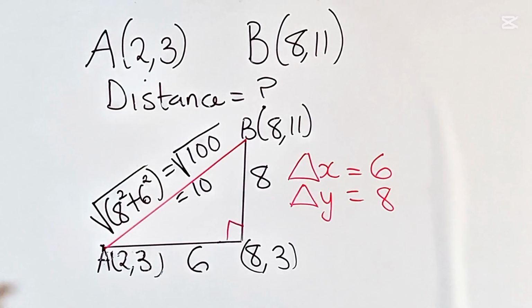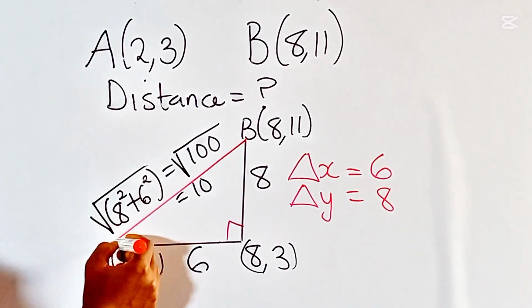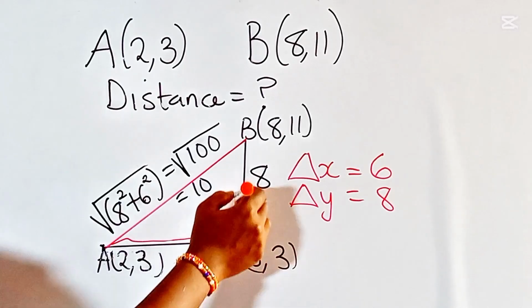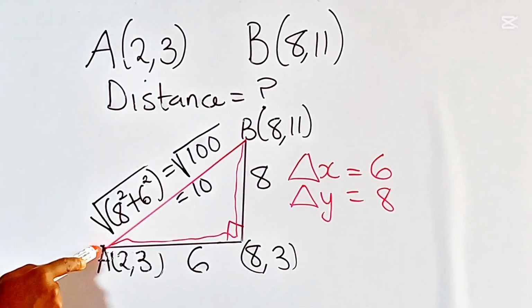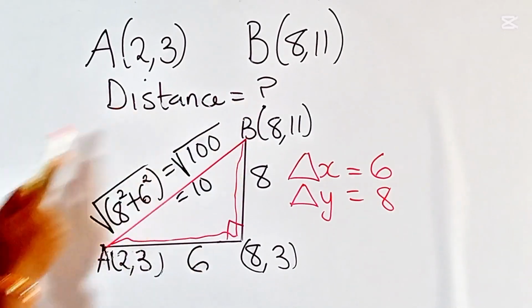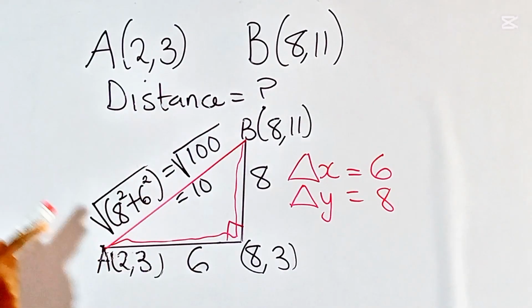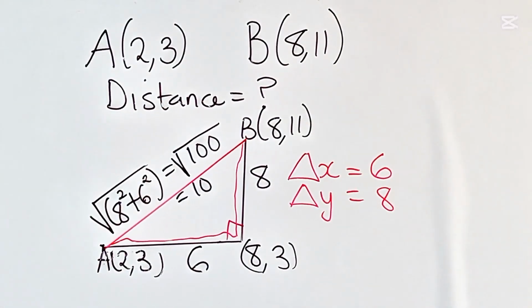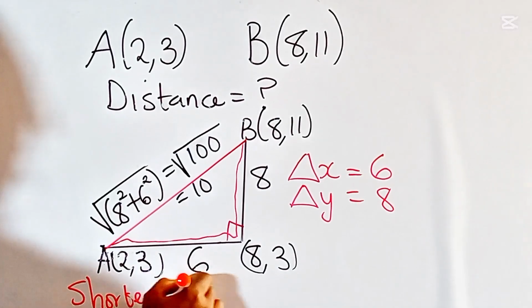So one thing I want you to know is this. Moving between 2 points is like moving across and upwards. To move from here to here, you can choose to follow this straight path or follow this curved or random path to B from A. Remember this, the shortest distance is always a straight line.